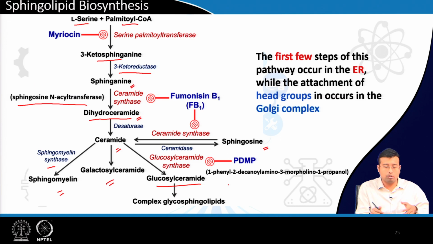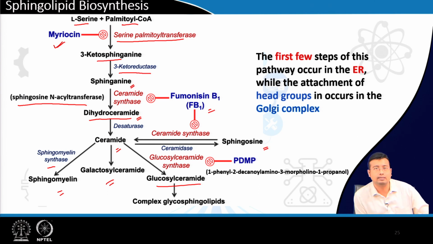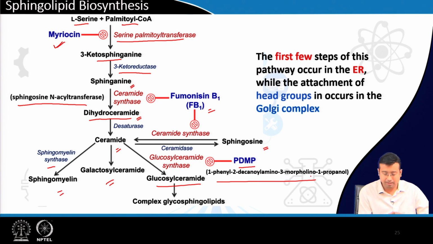They are the molecules of interest in research grade enzyme inhibition, they being myriocin that inhibits the enzyme serine palmitoyl transferase, and fumonisin B1 or FB1, they inhibit the enzyme ceramide synthase, and a very big name PDMP, that is 1-phenyl 2-decanoyl amino 3-morpholino 1-propanol. You may not remember this whole big name, but this PDMP inhibits synthesis of glucosyl ceramide.